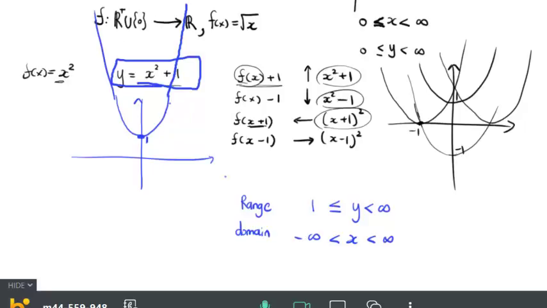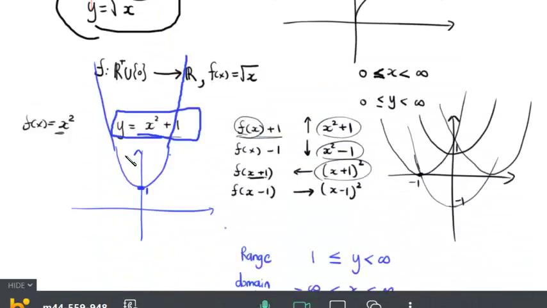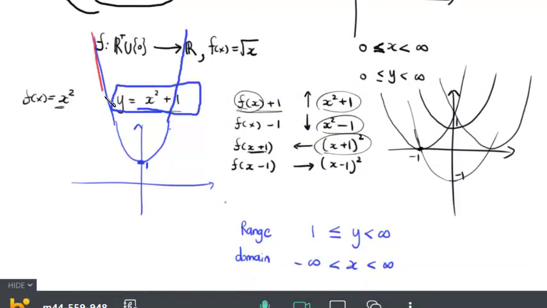As you can see, if you look at this whole graph, this parabola, you can see that this extends to infinity.